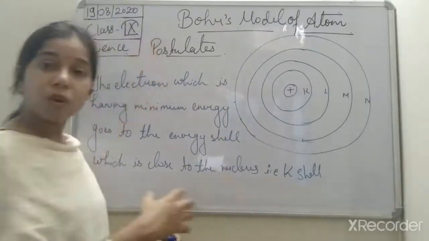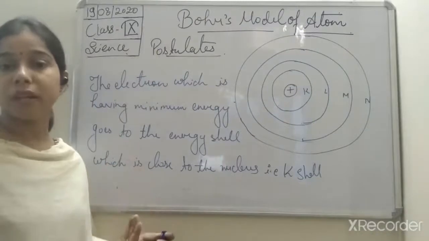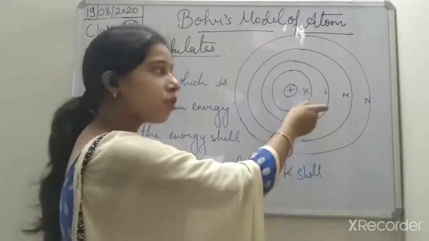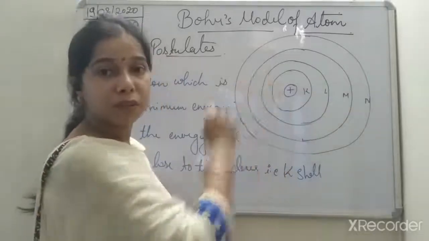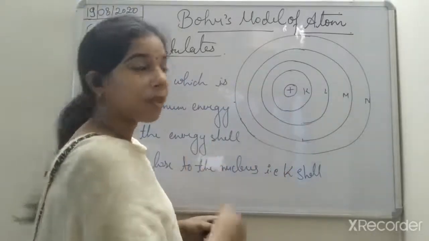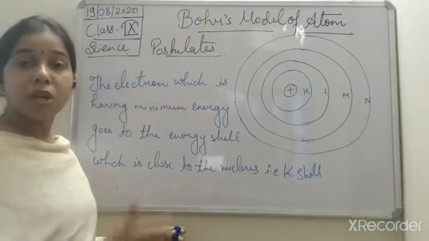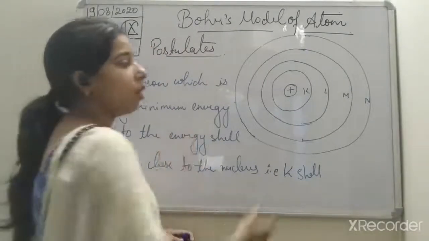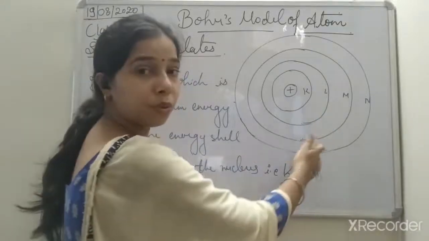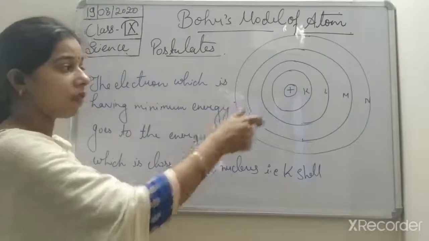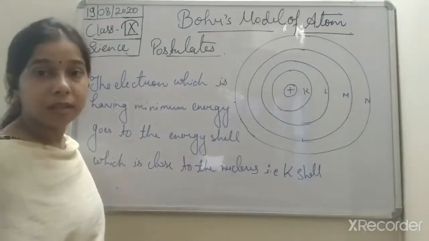Now, if the electron is having more energy, then it will enter into the L shell, okay, which is a little bit far away from the nucleus. Okay. Now, again, if the electron is having much more energy, then we will say that it may enter into the M shell, which is far away from the nucleus. Okay.